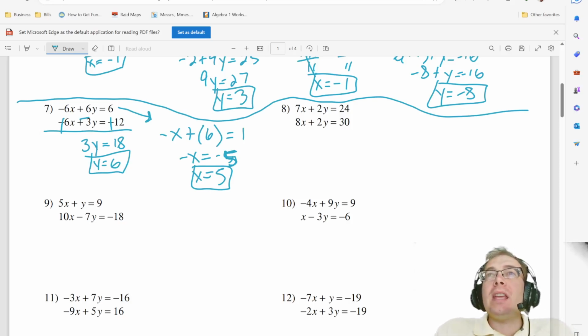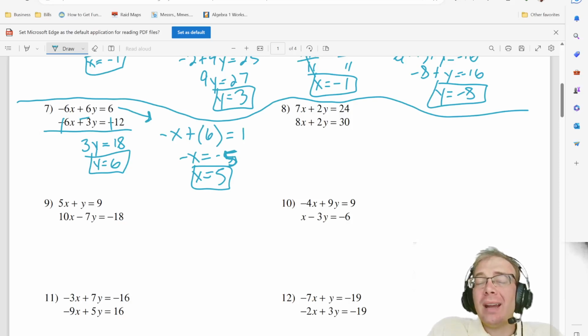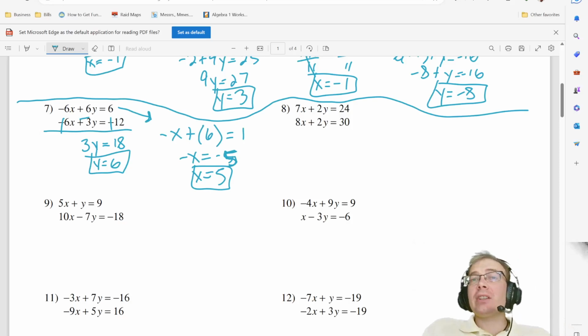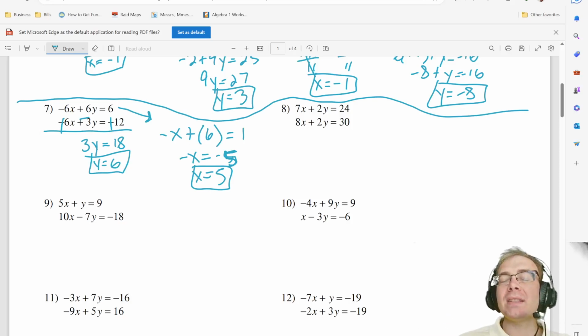Because if you made a mistake, you'll more than likely make the same mistake by trying to check it and solving it the same way you did last time. You want to check it by doing something different, either solving it a different way, like using a substitution method instead of elimination method, but that's still a long way to check it. There's a faster way to check your work that doesn't involve doing a whole different method, and I'll show you that in a little bit, but I want to make sure I have space.